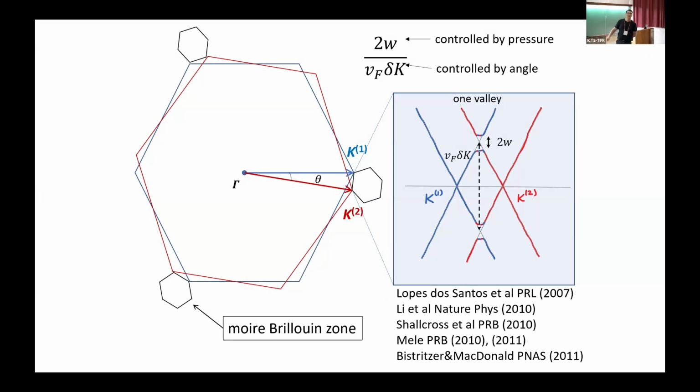VF is nominally fixed in this material, although Coulomb interaction actually does renormalize the Fermi velocity. So in principle, if you have control over the dielectric environment in which this system is embedded, then you have some control over VF, but people are not doing that experimentally right now. Experimentally, you typically control the twist angle, and sometimes you control the interlayer tunneling. All right, so that's the intuition for why you may end up with flat bands.